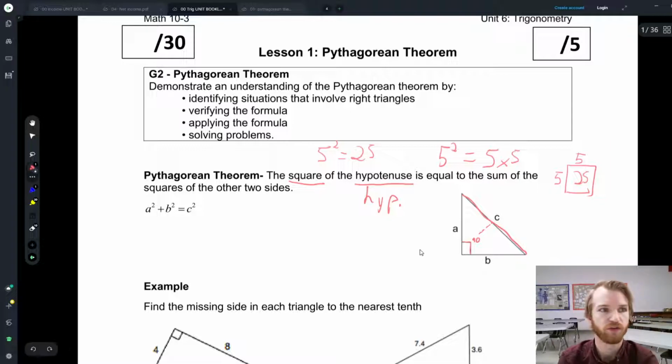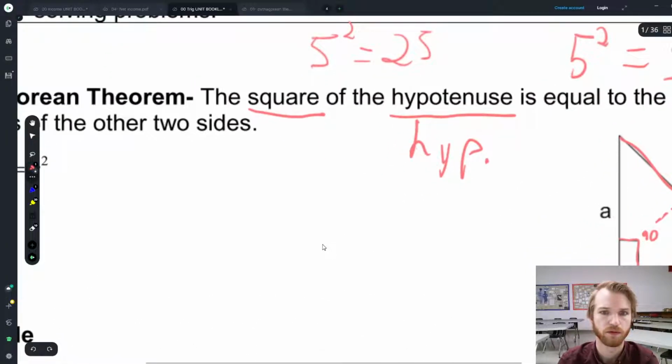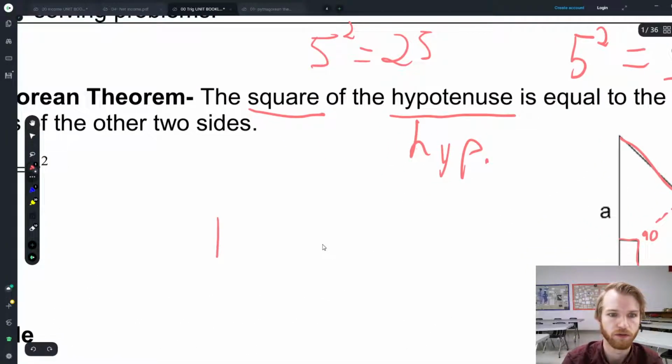So let me just draw you a quick visual example of what that looks like. Here is a right angle triangle. I can do my best to do a 45 degree. That's not bad. Okay, and let's say this side is 3 centimeters long, this side's 4 centimeters long, this side is 5 centimeters long.